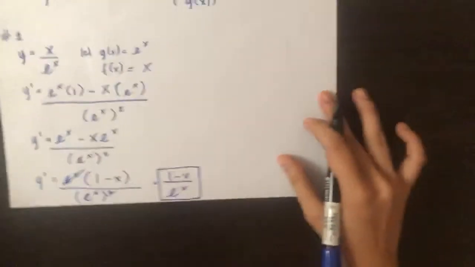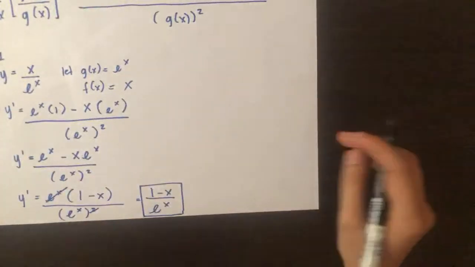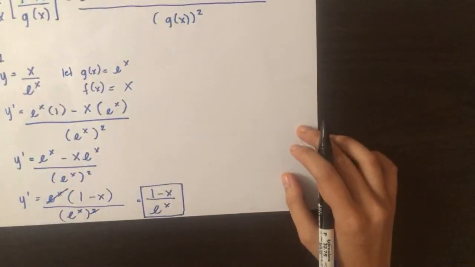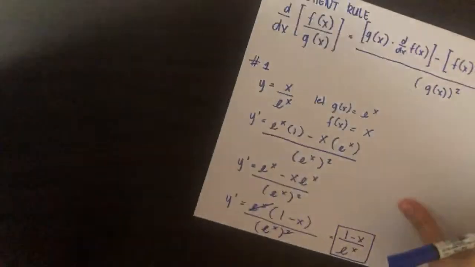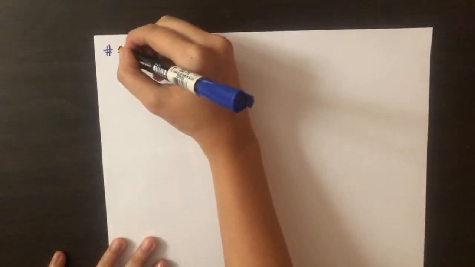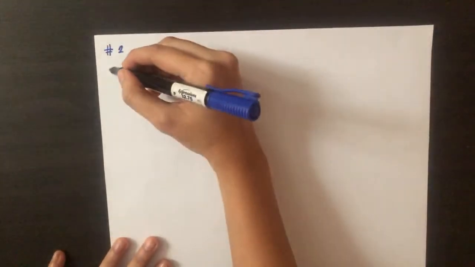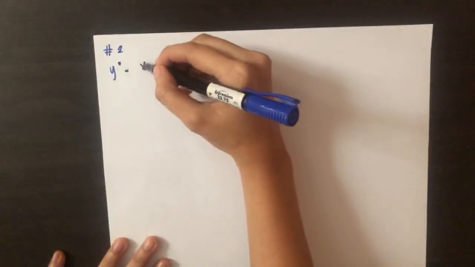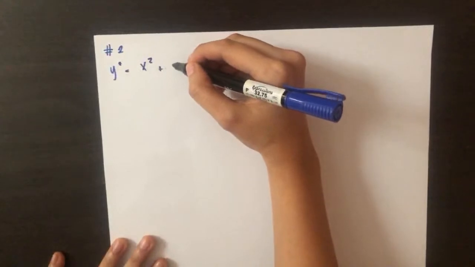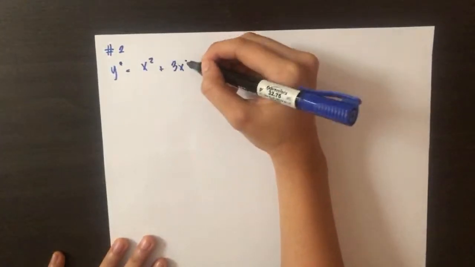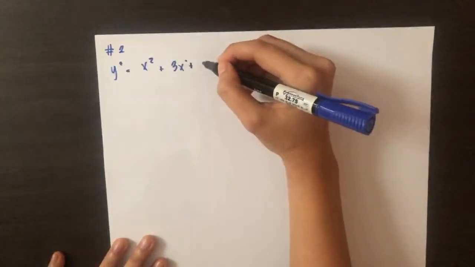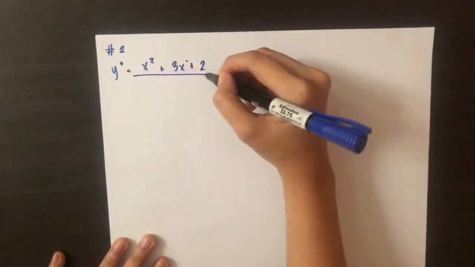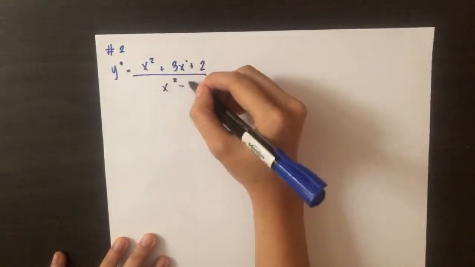Ano pa ba? Example number 2. We have x squared plus 3x plus 2 over x squared minus 1.